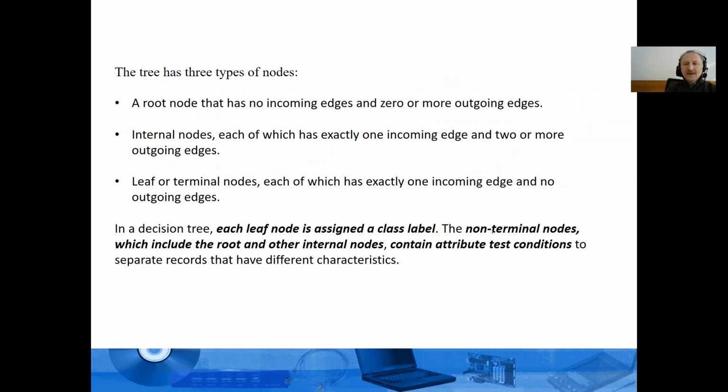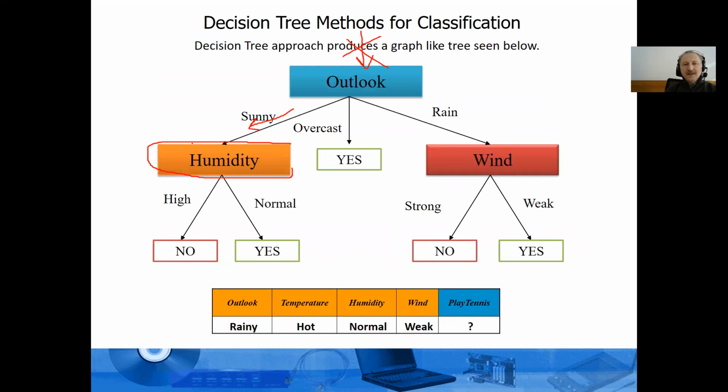Also, non-terminal nodes or internal nodes contain an attribute test condition. For example, this node has one test condition. In this place, you will ask if humidity is high or normal. You will test here.